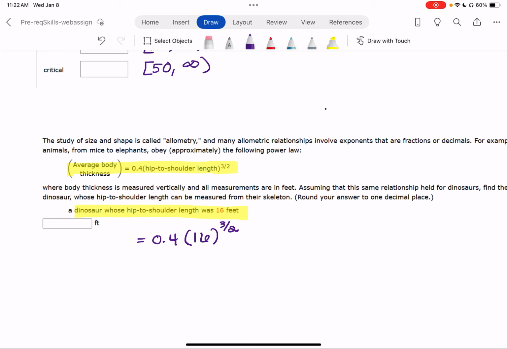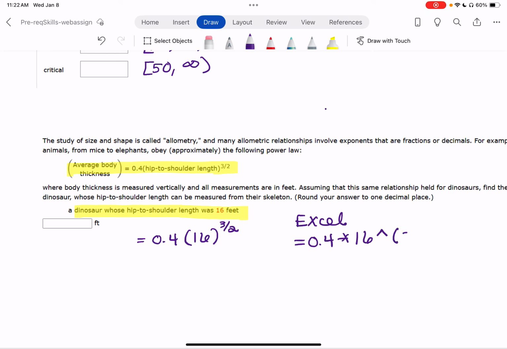So one thing I want you to remember, in this class, we're going to use Excel for everything we do, okay? So in Excel, you're going to put this formula in. You'll use equals, and then a 0.4 times 16, and then you'll use your little exponent.